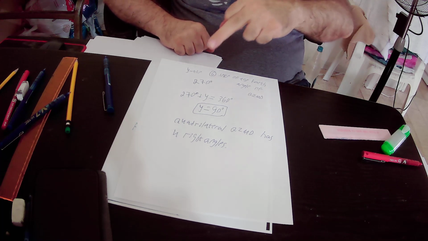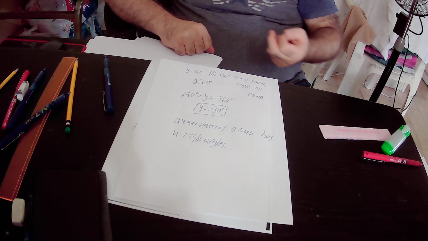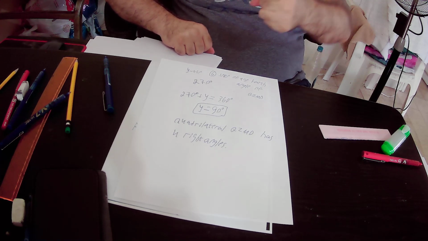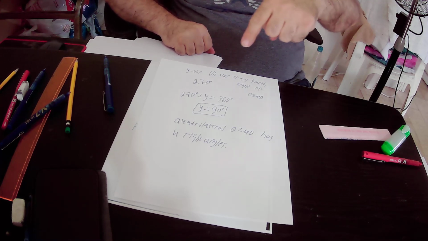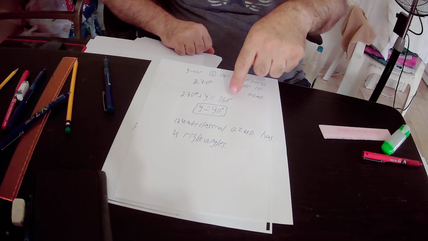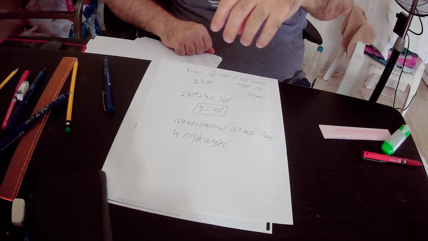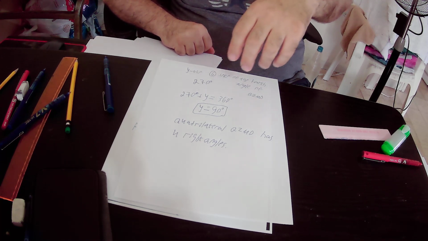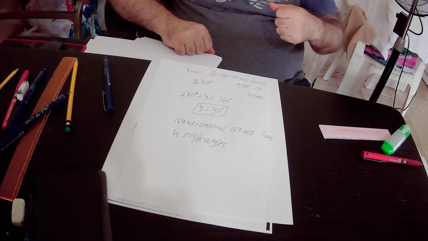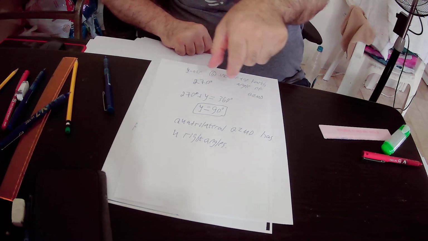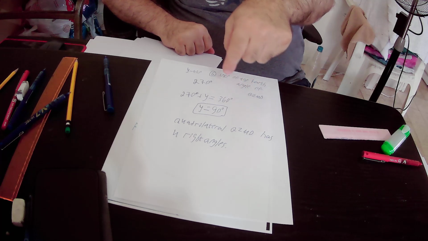So 270 degrees, that is the sum of the three angles, plus the size of the fourth angle must be equal to 360 degrees.